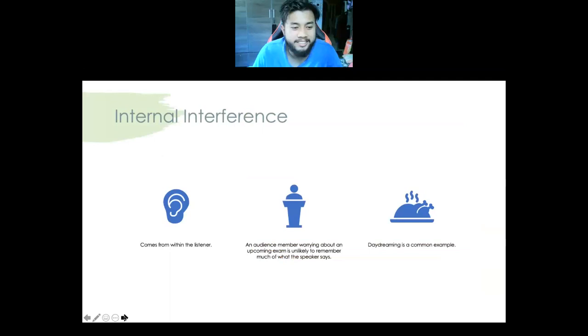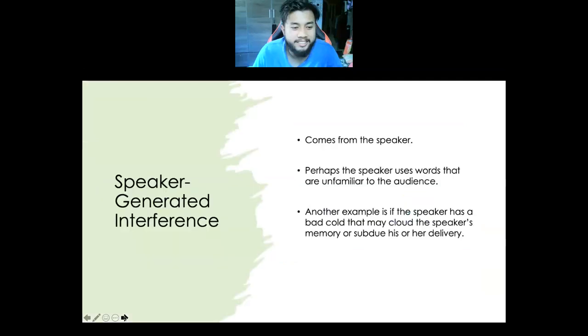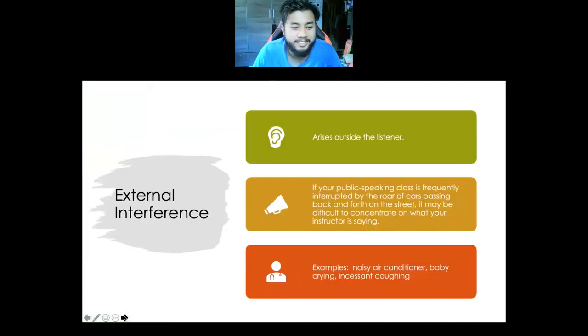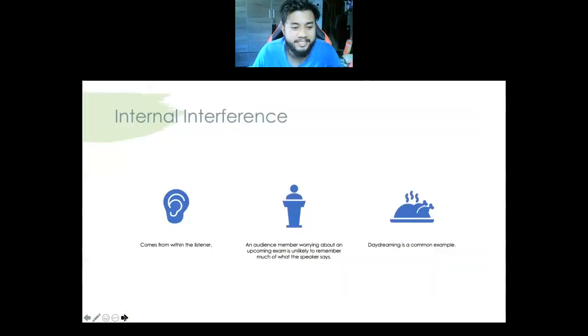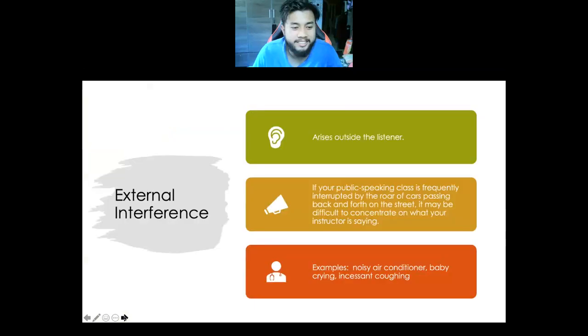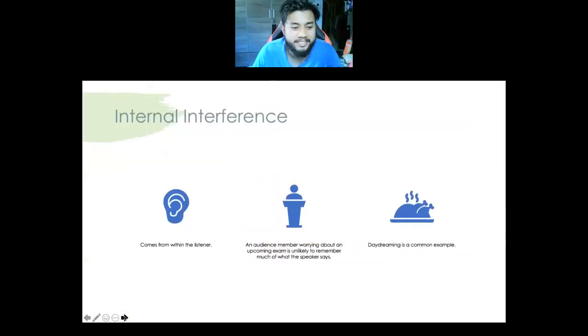Okay, and the last one is speaker generated interference. It comes from the speaker. Sorry, the first one, external, came from outside the listener. Meaning that maybe the technical, maybe the sound of the cars outside the building, that is external.